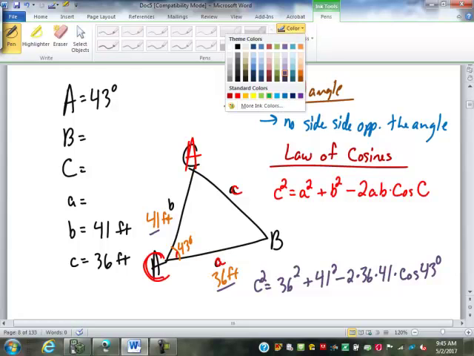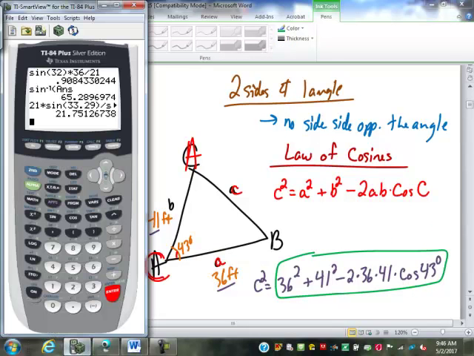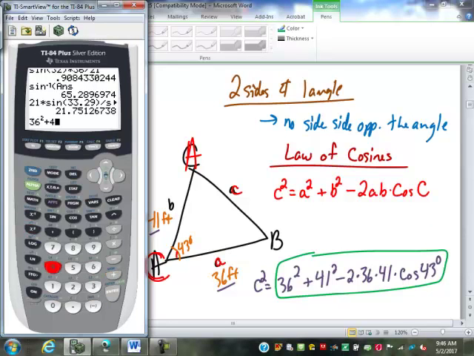Now, we could do this all out step by step, but we can put that all in our calculator in one step, so let's do it. 36 squared plus 41 squared minus 2 times 36 times 41 times the cosine of 43 degrees.